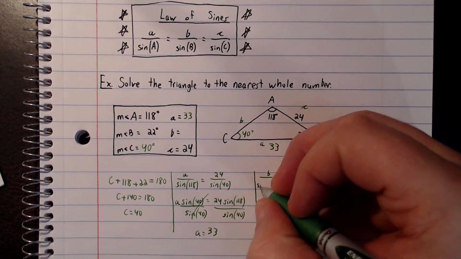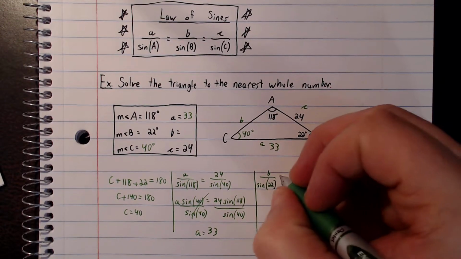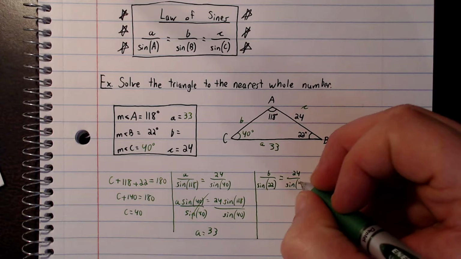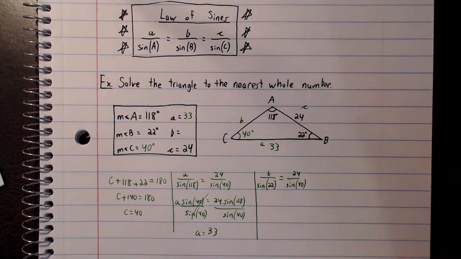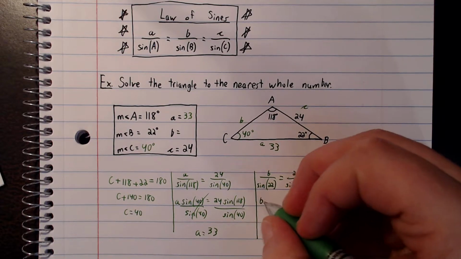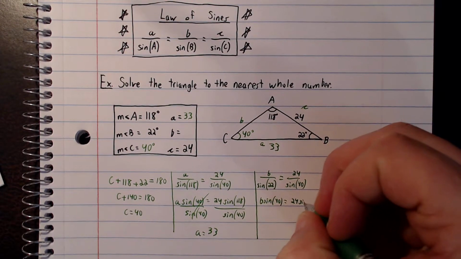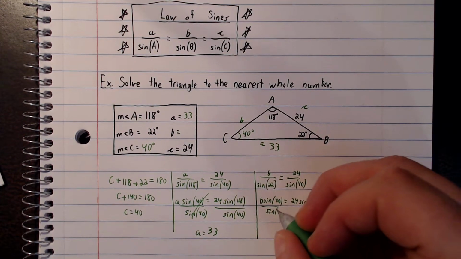So I'm going to use b and sine of 22. That should be equal to 24 over the sine of 40, right? Because we're still using c. All of our cross multiplication happens like usual. Then we have to divide by sine of 40.